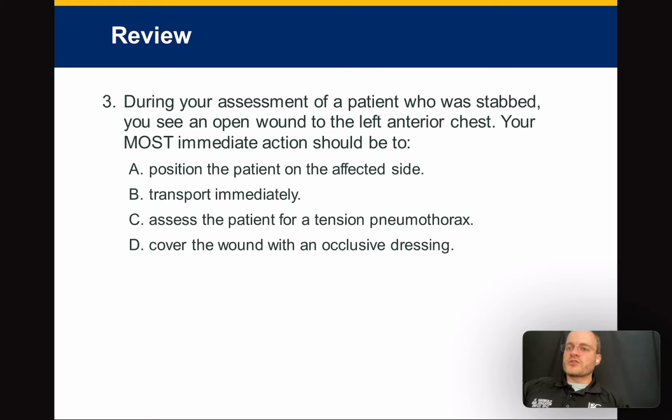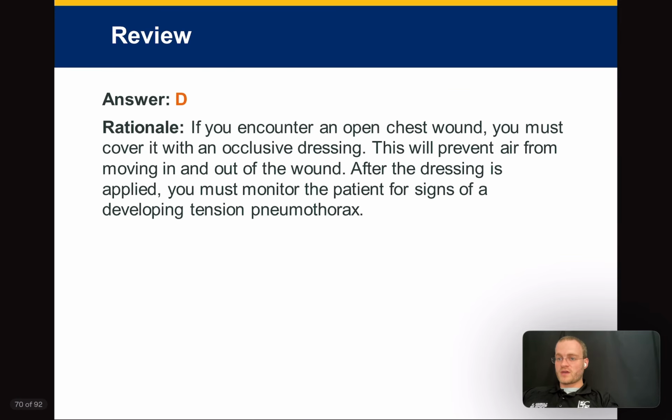So we were told that they were stabbed. Okay, so they have an open wound. That sounds like a sucking chest wound. What do we do with sucking chest wounds? We cover them. What can you cover them with while you're grabbing your occlusive dressing? Your hand, your gloved hand. Okay, so you're going to cover the wound with an occlusive dressing. Okay, you can use your gloved hand in the meantime.